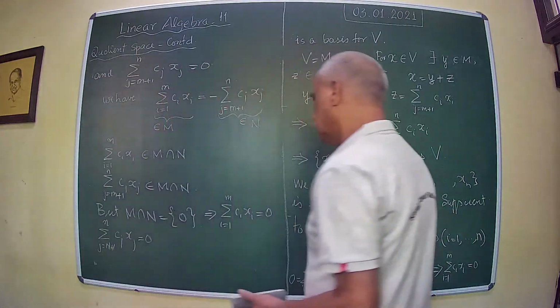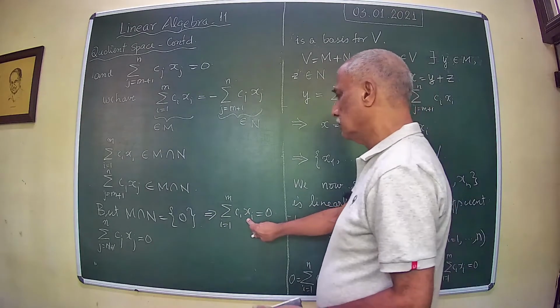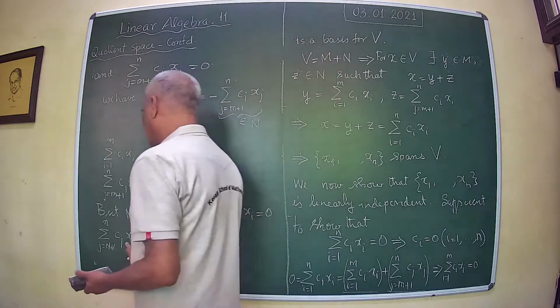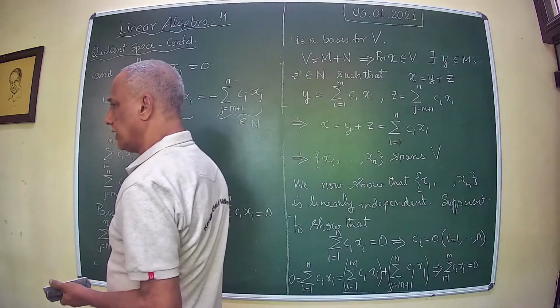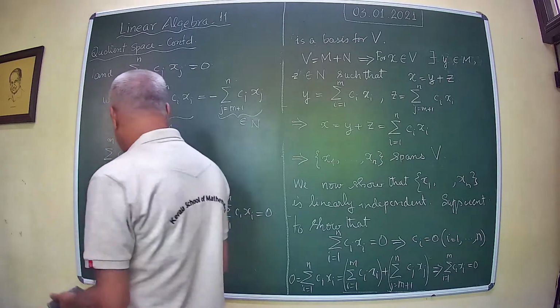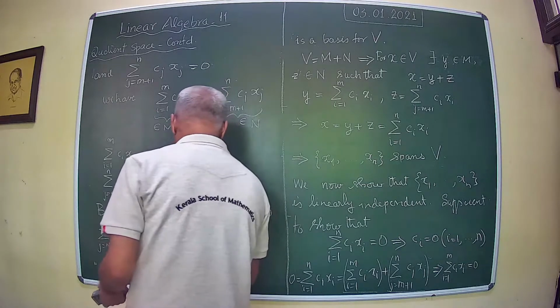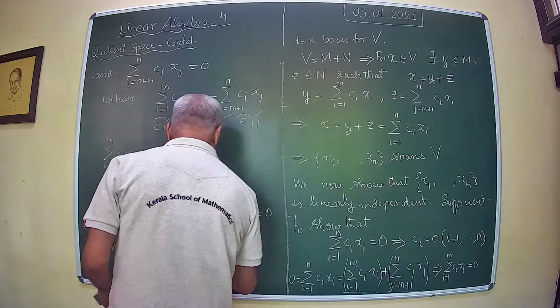And x1, x2, etc. xm is a basis for M. xm plus 1, xm plus 2, etc. xn is a basis for N. Therefore, they are linearly independent, and hence this implies ci equal to 0 for all i up to n.